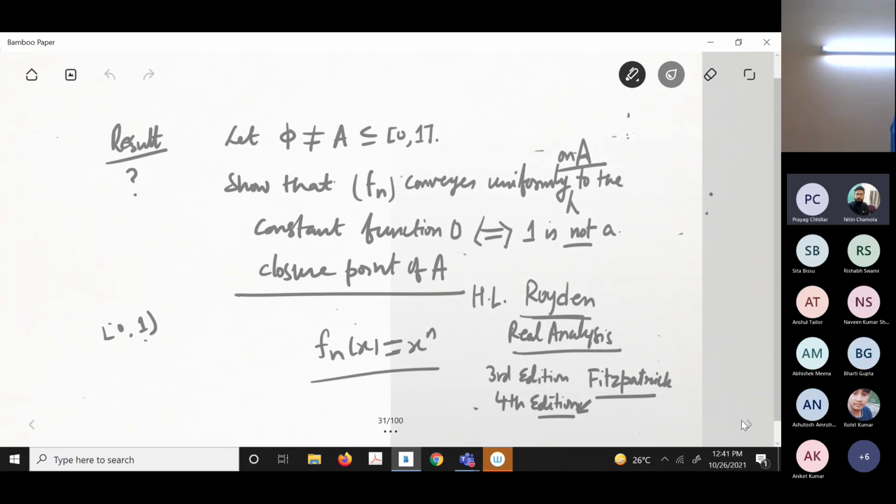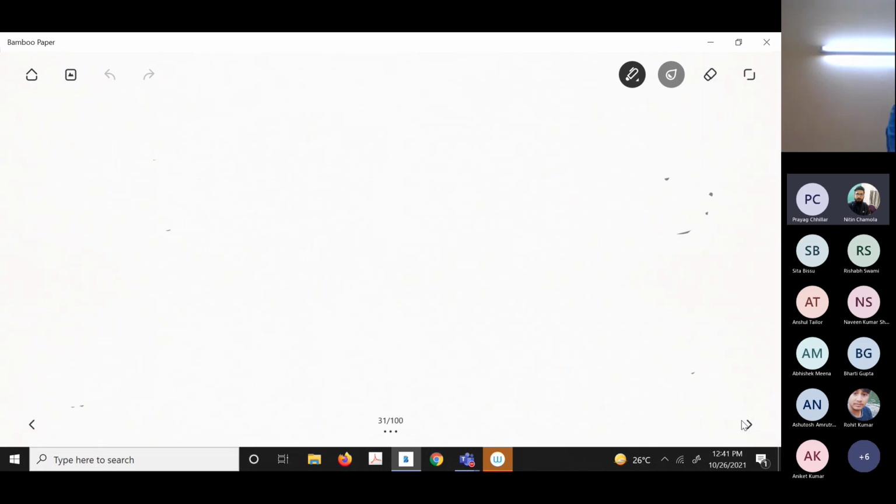Okay, so here you look at theorem 6.1 that I was telling you about. What is theorem 6.2?